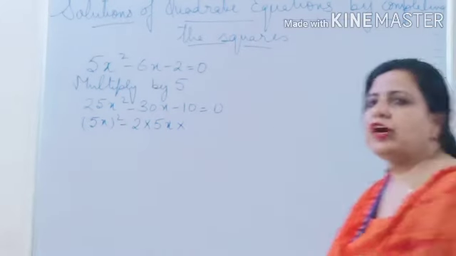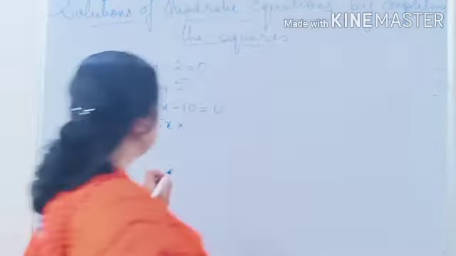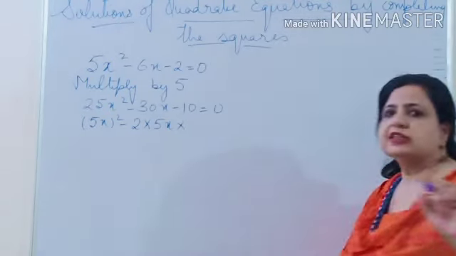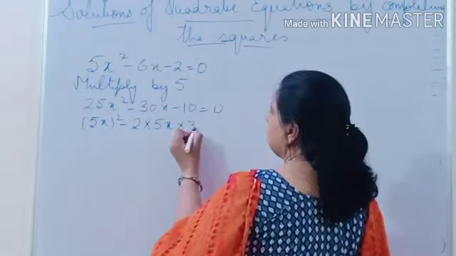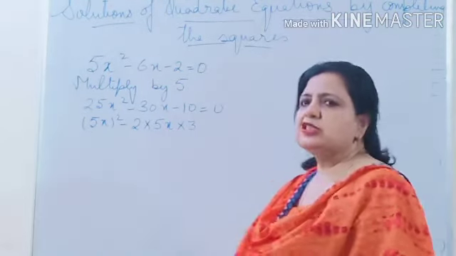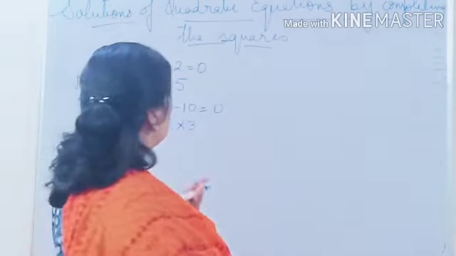So 2 fives are 10, 10x we have, and 10 into 3 is 30. So we will have into 3. We can write it as 2 into 5x into 3.